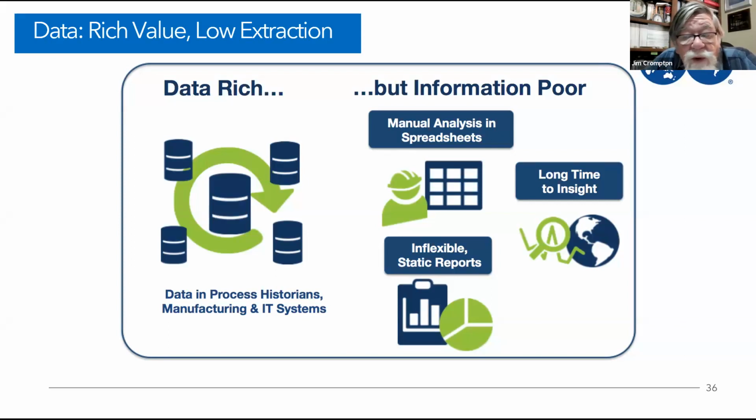We have the data. Maybe the problem is finding the data we have, but there's a problem in terms of reporting. More and more management wants to know what's happening now, not a month ago, not a week ago. So our inflexible static reports are almost obsolete the minute we produce them, right?